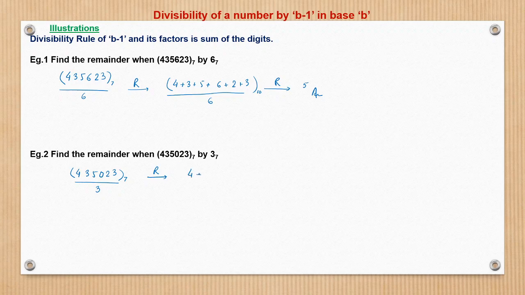It will be nothing but 4 plus 3 plus 5 plus 0 plus 2 plus 3 upon 3. Again, needless to say, this is in base 10. So this becomes 4, 3 is 7, 5 is 12, 12, 14, 17. So 17, the remainder would again be 2 only in this case.